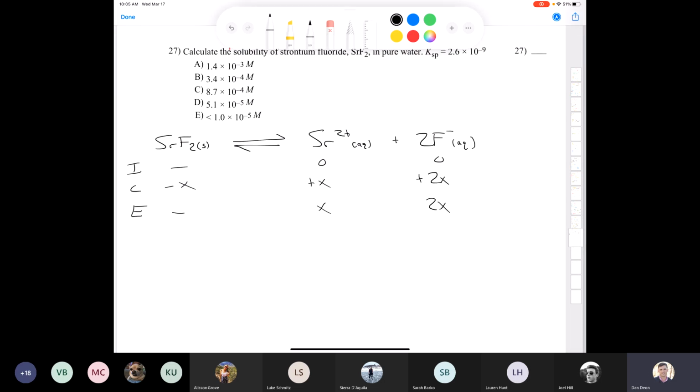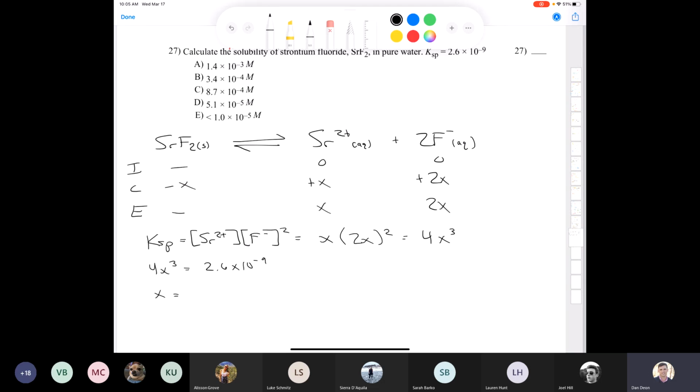Our Ksp for this equation is going to be equal to the concentration of strontium ions times the concentration of fluoride ions squared, which is x times (2x) squared, which is 4x cubed. So 4x cubed is equal to our Ksp, 2.6 times 10 to the negative 9.